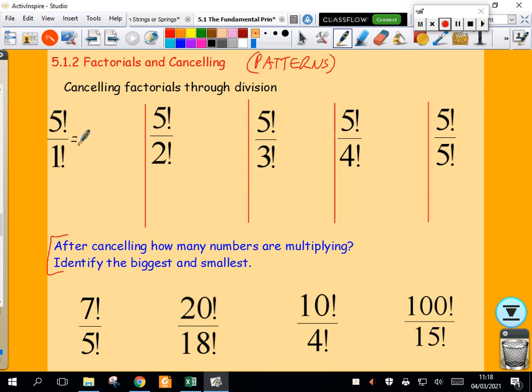So let's look at this one. You probably know the answer to this already. I'm going to write this out. That's 5 by 4 by 3 by 2 by 1 factorial on the top, and on the bottom it's just 1 factorial. What I really want you to see is that 1 factorial is a factor on the top and a factor on the bottom, so they will cancel, leaving me with 5 by 4 by 3 by 2.